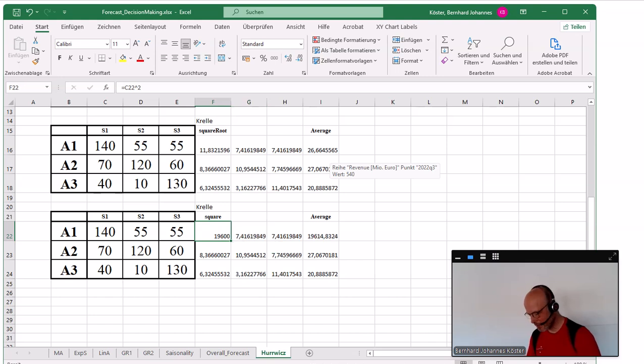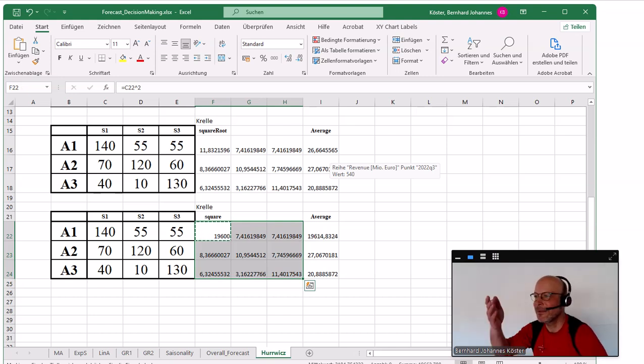So if I copy this and press enter. Yes. And why?